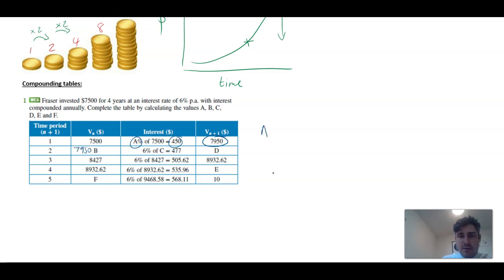So to work out what A is, we know what B is. B is 7,950. To work out A, we need to work out what rate was applied. So if 450 out of 7,500 is set as a fraction times 100, that will give us the percentage.